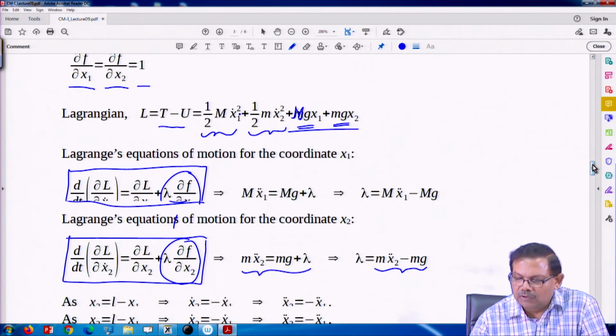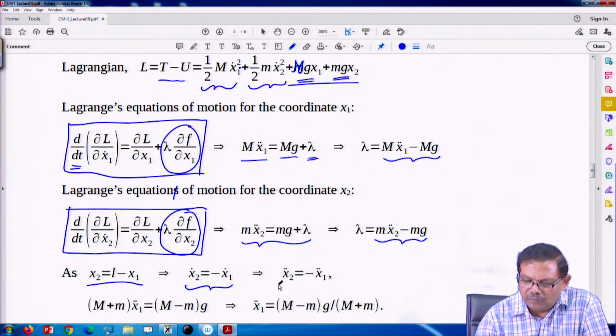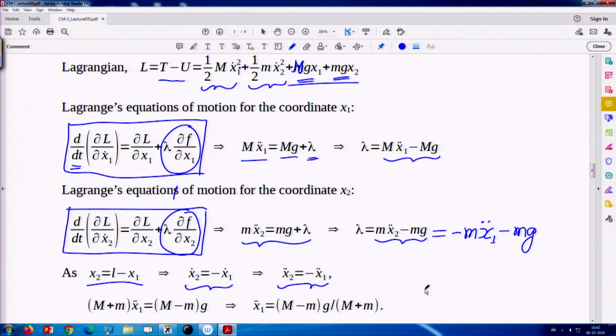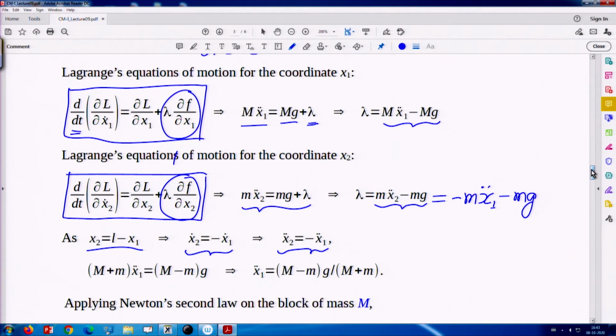So, x 2 double dot is the negative of x 1 double dot. Here I can write x 2 double dot as minus m x 1 double dot minus m g, and now we equate them and combine all the terms together.